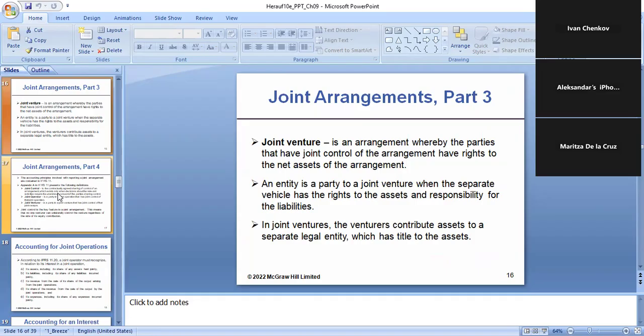In this case, we're going to have a new separate entity, a separate vehicle that has the rights to the assets and responsibility for the liabilities. In a joint venture, the parties are venturers, not operators, because in a joint operation they are operators. The venturers contribute the assets to the separate legal entity. We open a new separate legal entity, which holds the assets and has control over those assets.